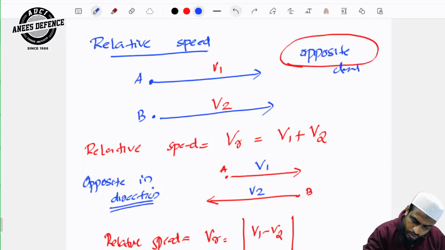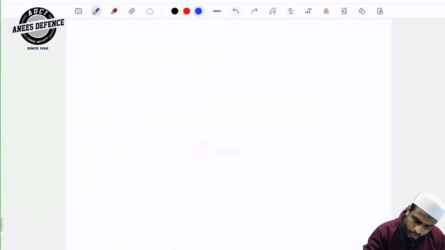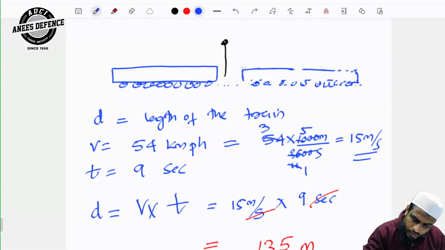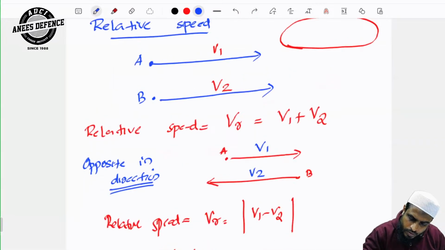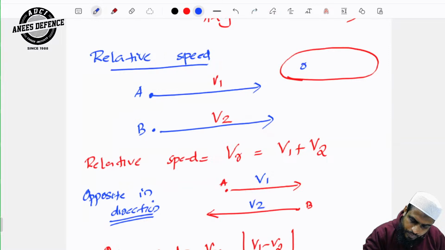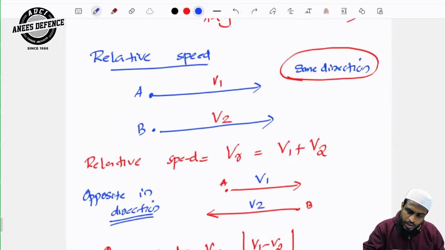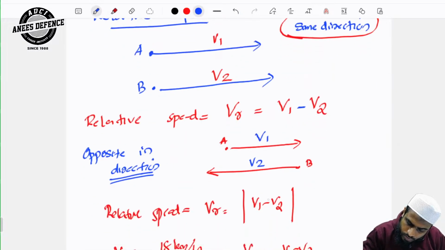Same direction we have to consider with velocity v1 minus v2, and opposite direction we have to put v1 plus v2.